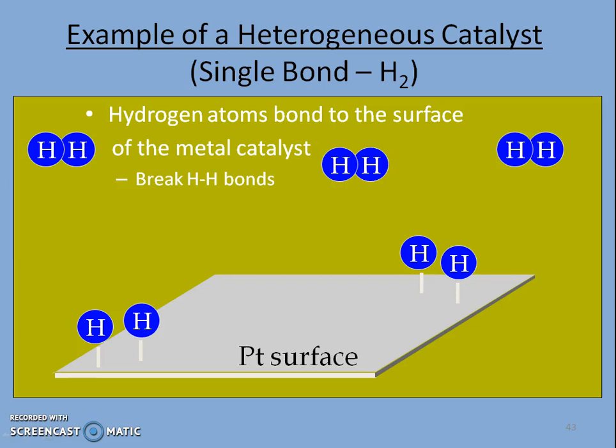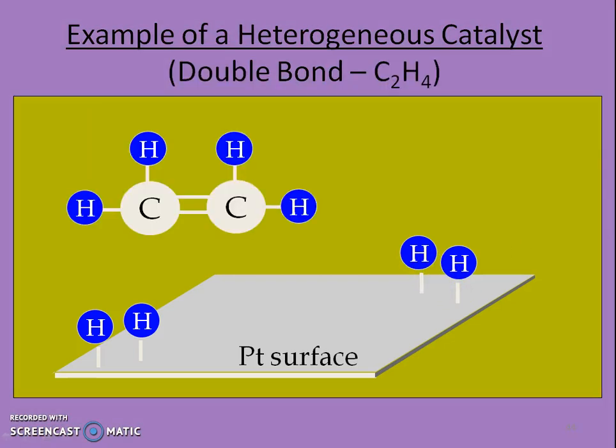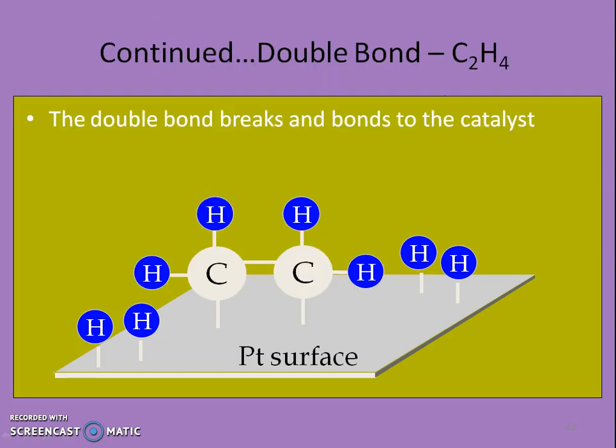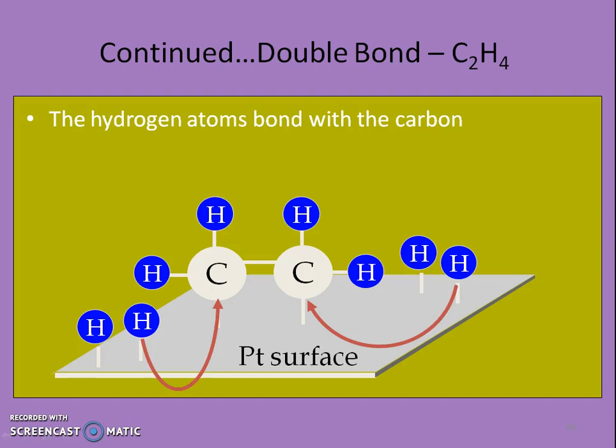Not too good. So here's an example of a heterogeneous catalyst where we have this metal surface like platinum, and we have these hydrogen atoms. So the hydrogen atoms bond to the surface of this metal catalyst, and it's going to break up the H-H bond. And so let's say we have something like C2H4, that also comes down, so that double bond breaks into one in the catalyst.